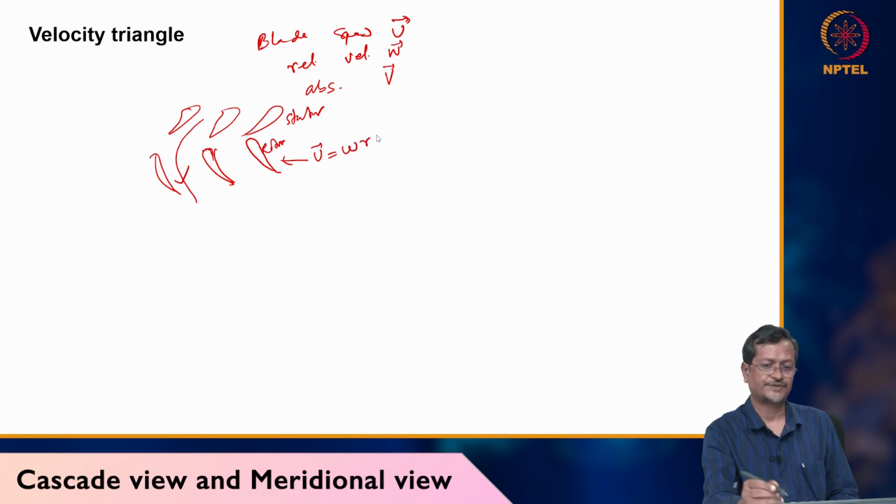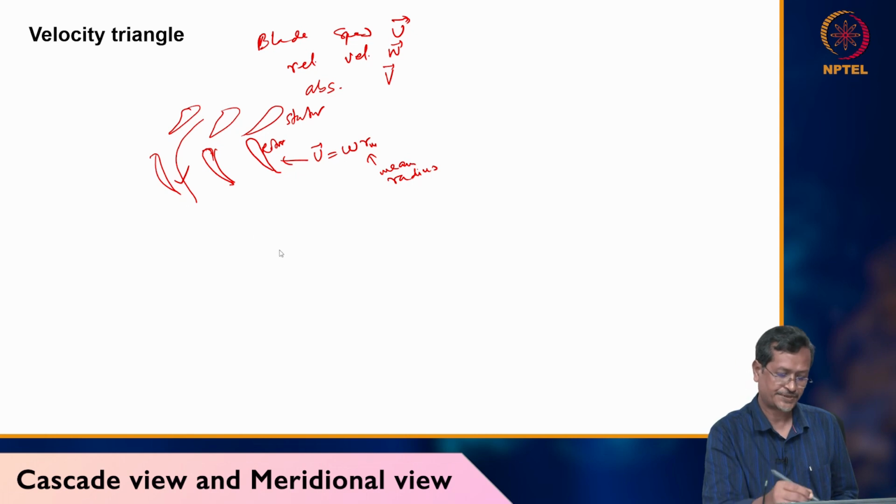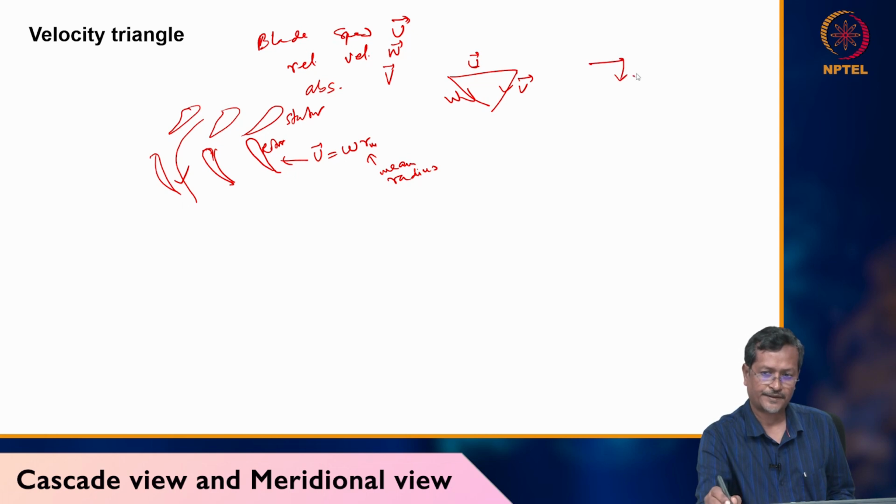Omega means angular velocity, r means radius, and which radius? The mean radius of the rotor. Now if I draw the velocity triangle, it will look like this: u, v, and w, in the x theta direction.